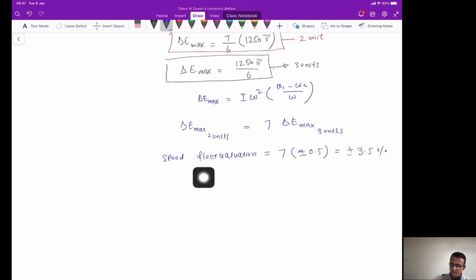If you don't believe this calculation, you can use the previous equation and put in all the values, and you should get the same value here. But this is obviously a simple trick to save time, especially for your exam.